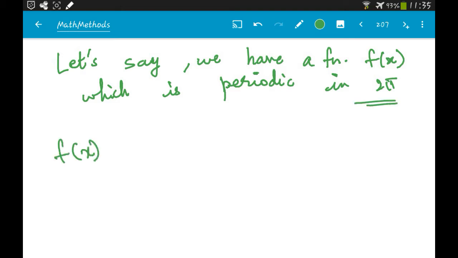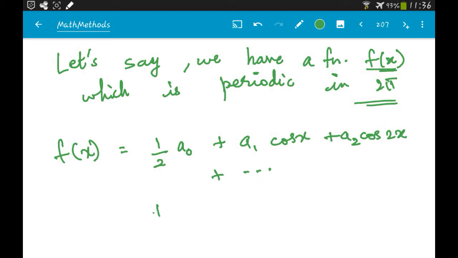So this f of x, which is a periodic function, can be represented, as I told you, in sums of sines and cosines. So how is it represented? It's represented by half into a naught plus a1 cos x plus a2 cos 2x and so on, up to cos nx, and then plus b1 sin x plus b2 sin 2x and so on.